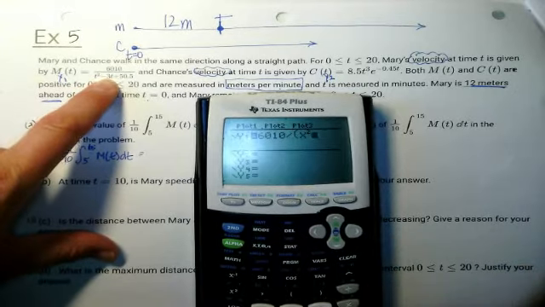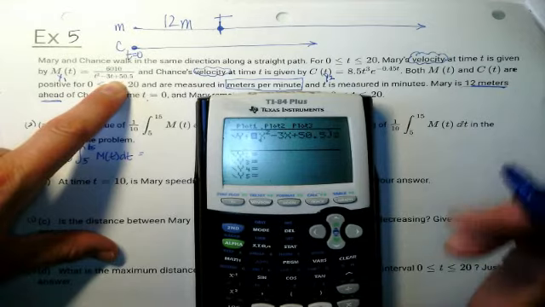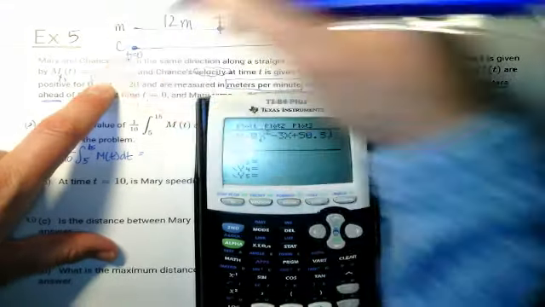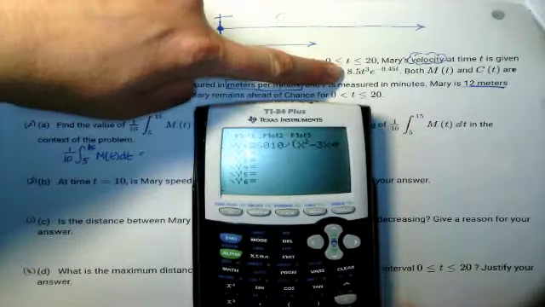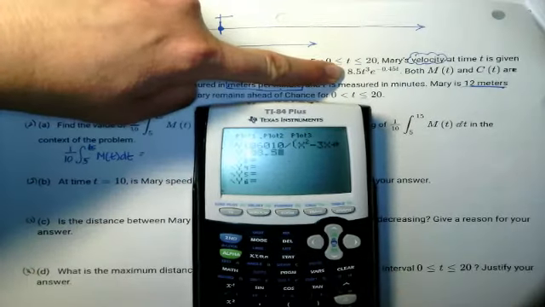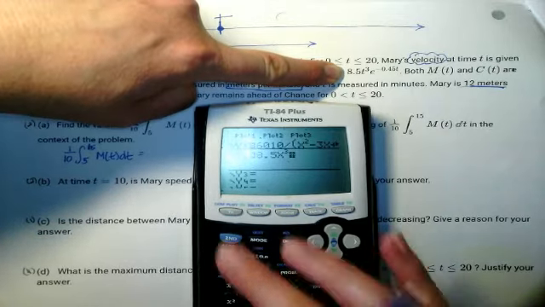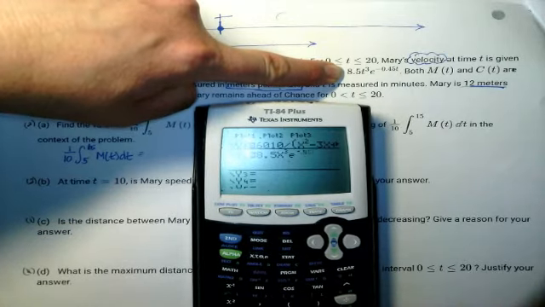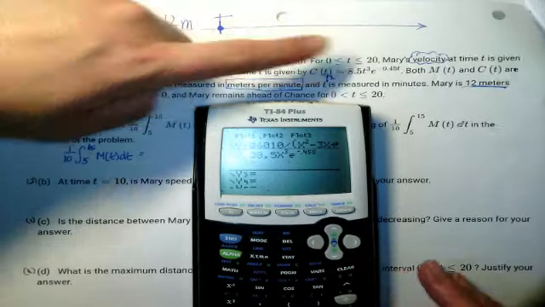This is a common comment from the AP graders, that the kids don't remember how to use their calculators. Make sure you're putting parentheses in that rational function there. I'm going to go ahead and enter Chance's function here too, 8.5 t cubed times e to the negative 0.45 t. Good Lord. Okay. All right.